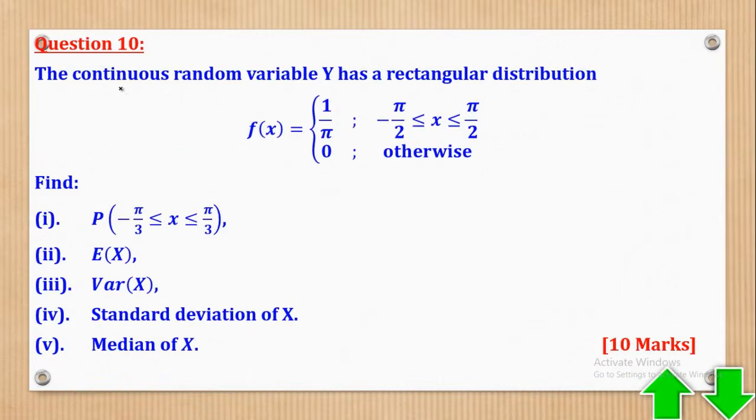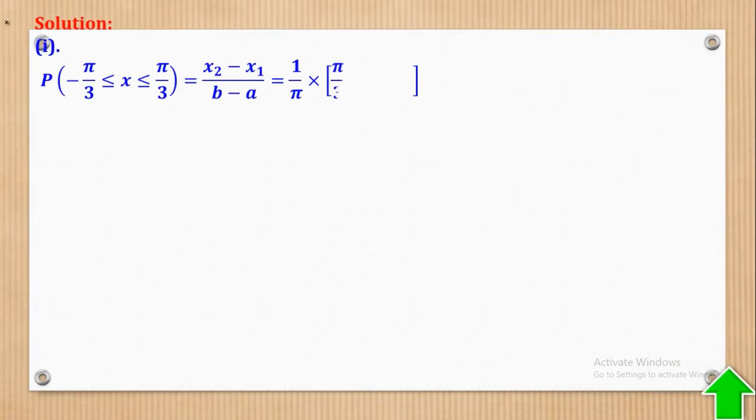Question 10 says a continuous random variable x has a rectangular distribution, which is that. Find (i) this probability, (ii) the expectation, (iii) the variance, (iv) the standard deviation, and (v) the median. So we shall start with part (i).